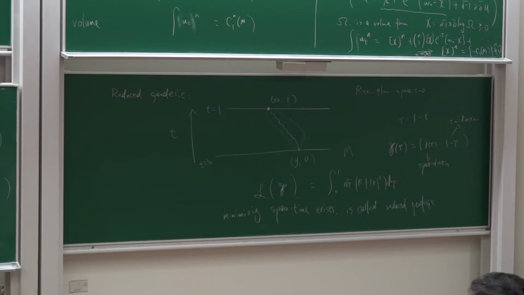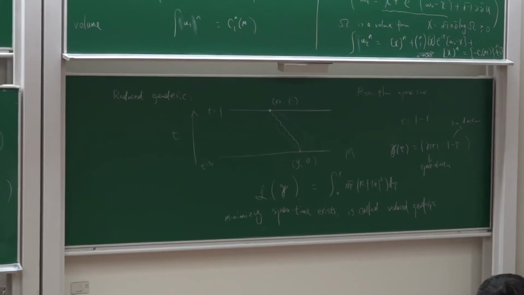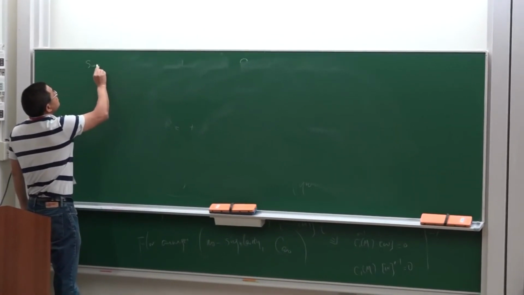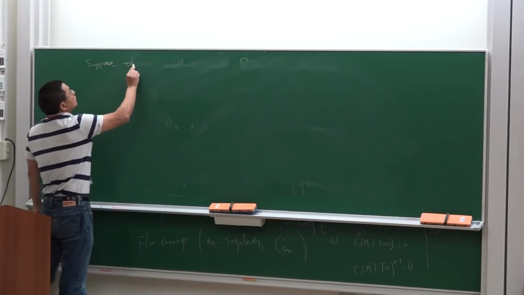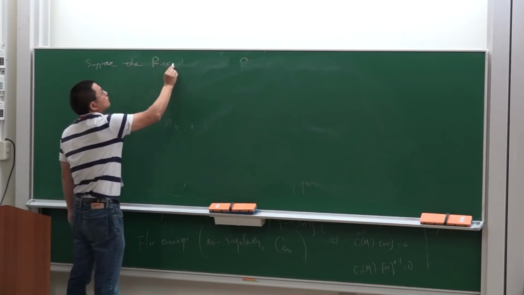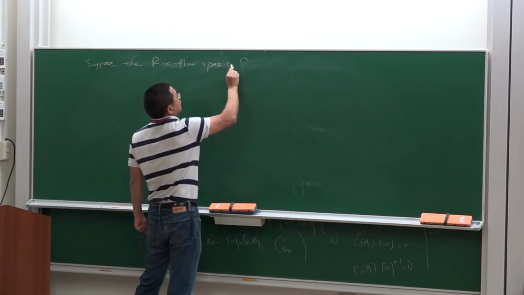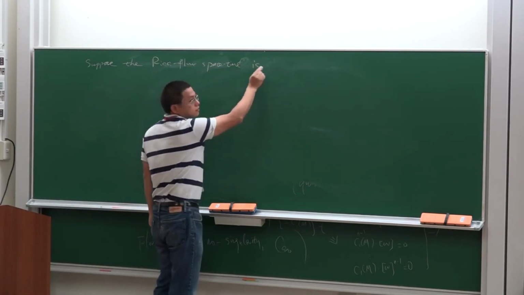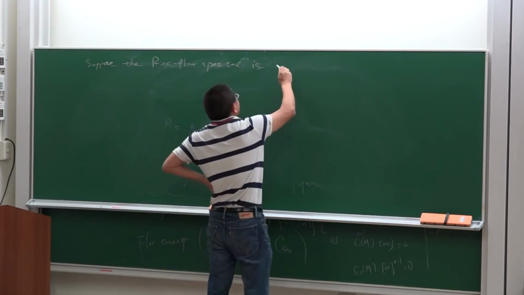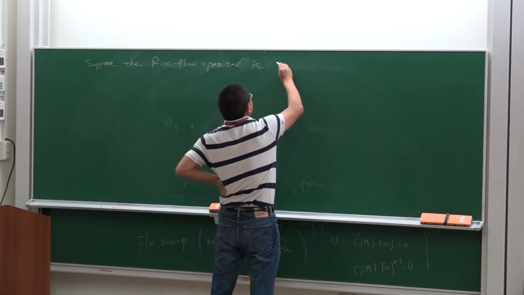So now, suppose the Ricci flow space-time is trivial, or in other words, is Ricci flat.